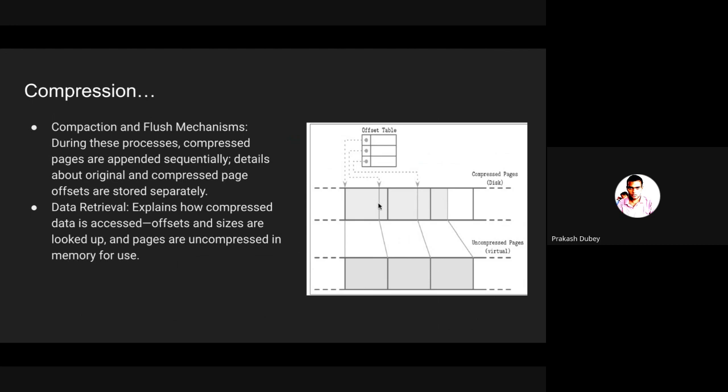So we have to maintain an offset table, which has the specific location where a particular page starts and where it ends. This helps to identify where to find any particular data on the disk.